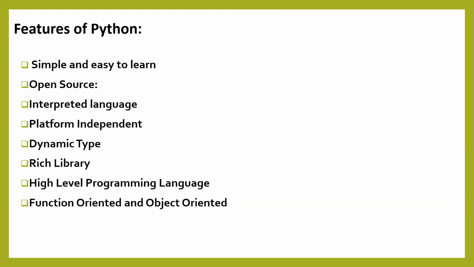And the last one, of course, function oriented and object oriented. We can see function oriented programs in C programming, and object oriented programs in C++. But coming to Python, it supports function oriented, object oriented and scripting. We can say Python is also a scripting language, like HTML.